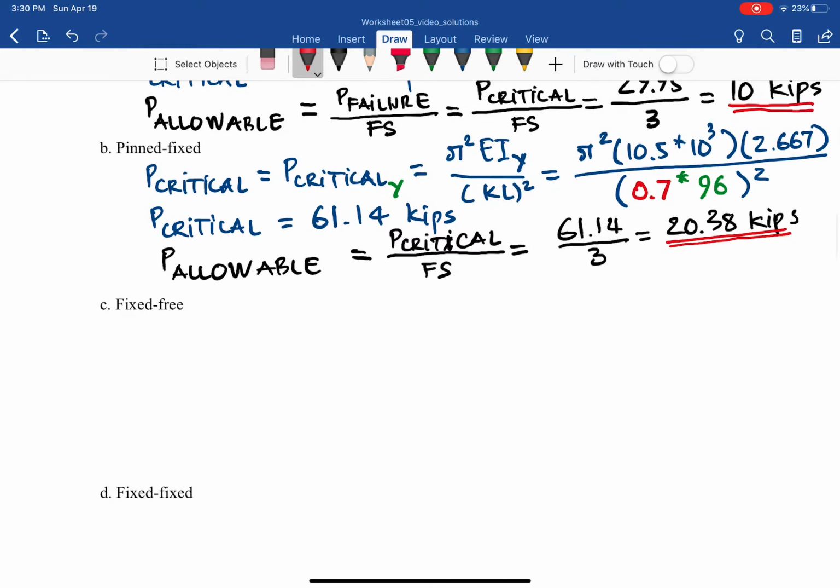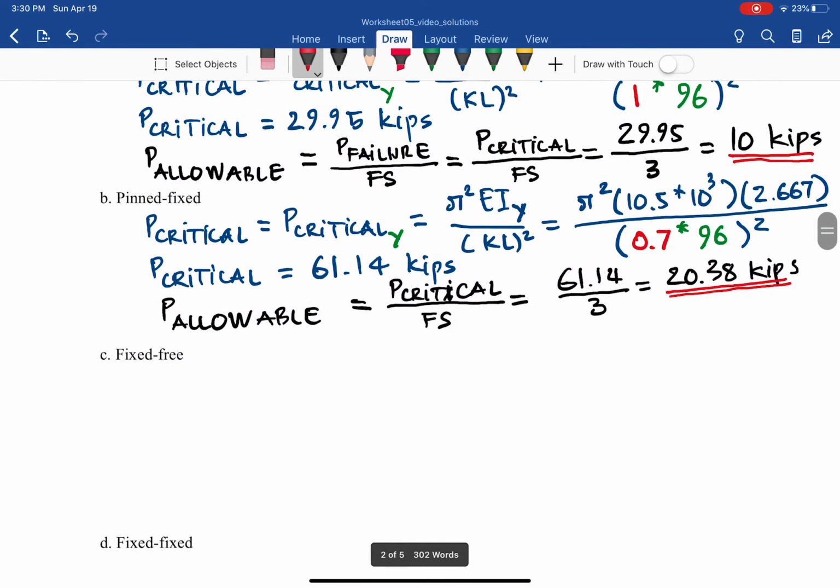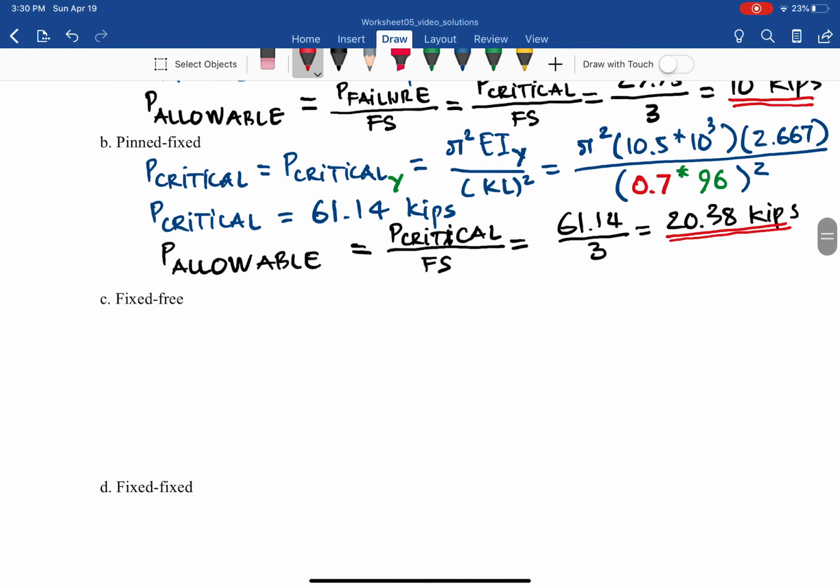The next one is fixed-free. So if you want to model that, with the fixed-free, that is the example we did in the lesson note, one fixed, one free, for the water tank.